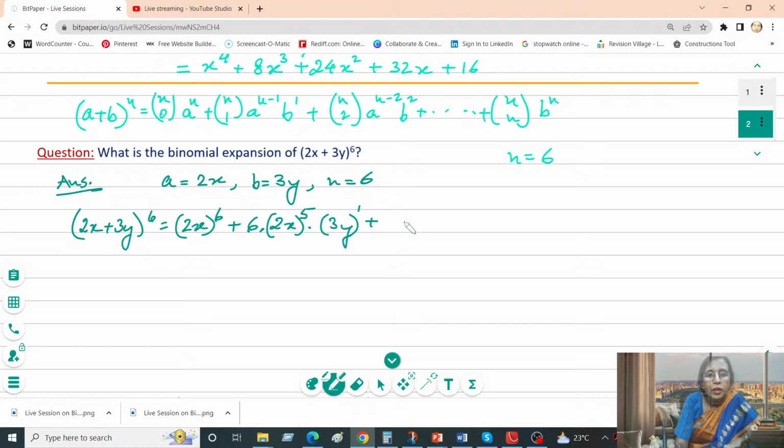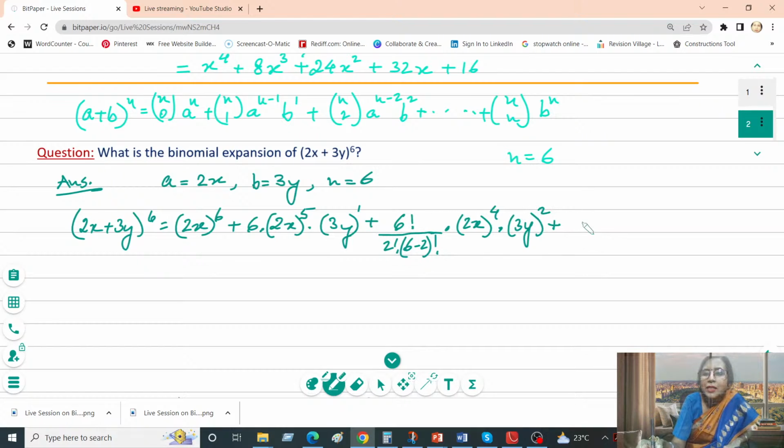6C2, we do not know, so 6 factorial over 2 factorial and (6 minus 2) factorial, and (2x) to the power of 4, (3y) to the power of 2, plus, this was 6C2.